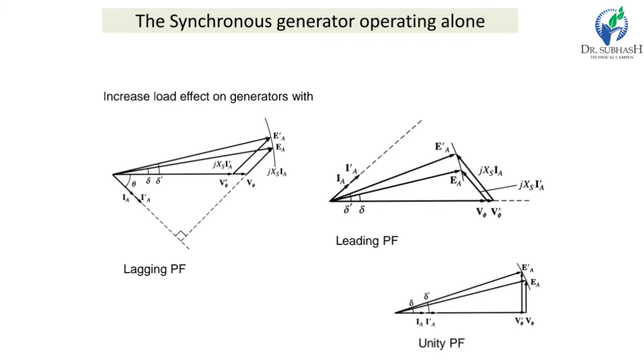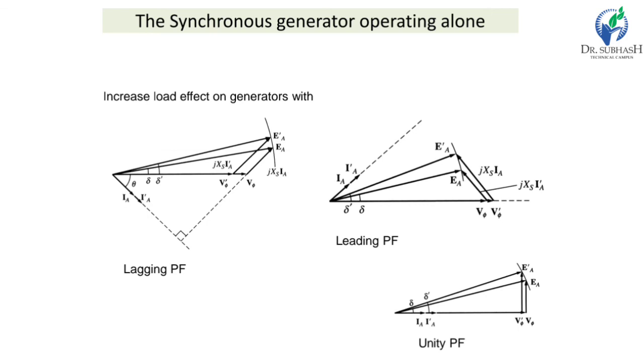By analyzing the effect of the three loads on the generator, we conclude three facts, which are described here. First, if we connect an inductive load with the synchronous generator, V phi and terminal voltage Vt will decrease largely.